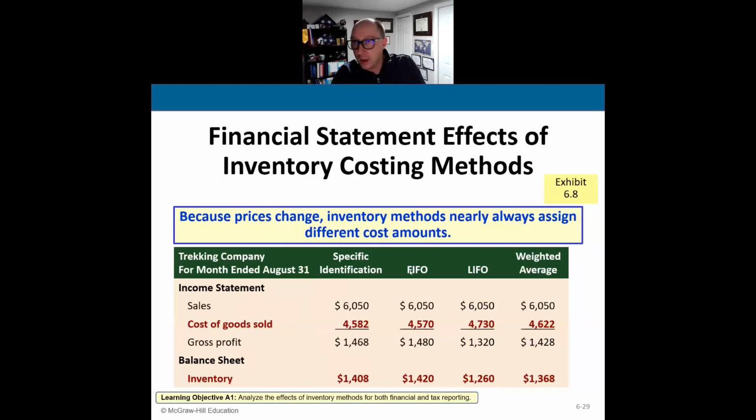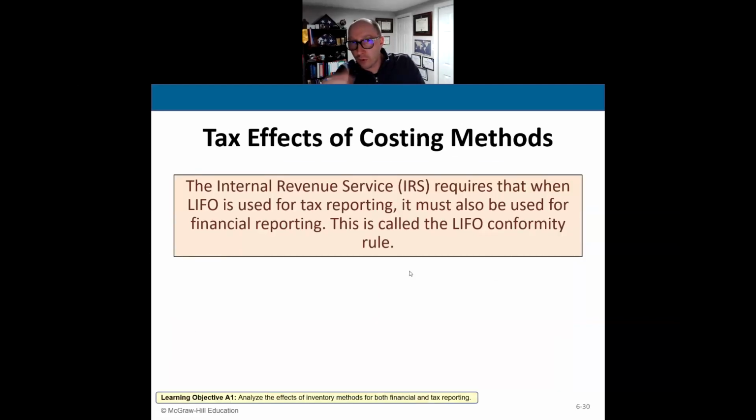See how that works? For IRS tax reporting reasons, the majority of businesses use last in, first out, right? Because they don't want to pay as much. And I can't say I blame them.